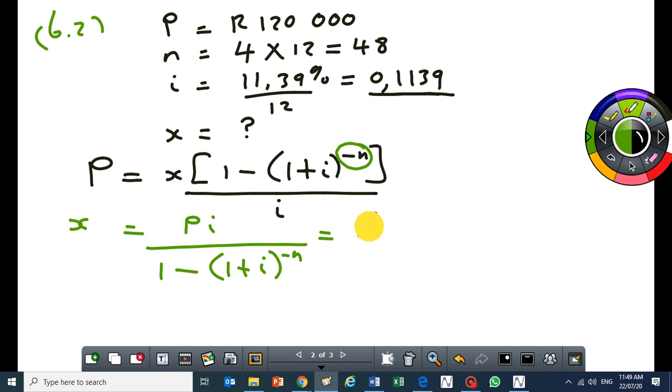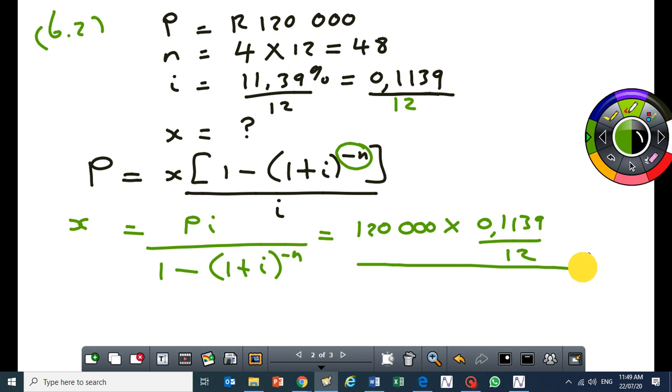My P is 120,000 times i, which must be divided by 12, so that's 0.1139 over 12, all over 1 minus 1 plus 0.1139 over 12 raised to the power of minus 48.